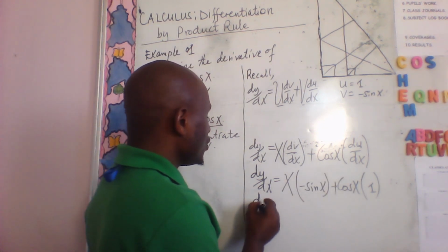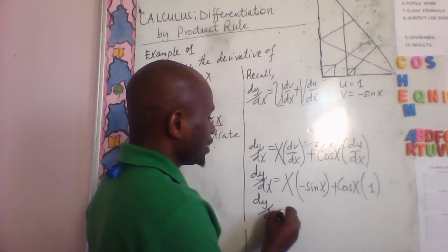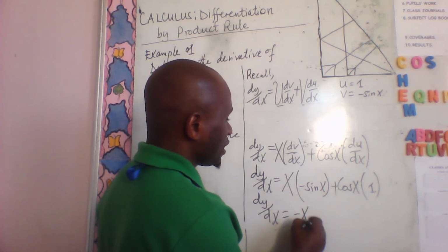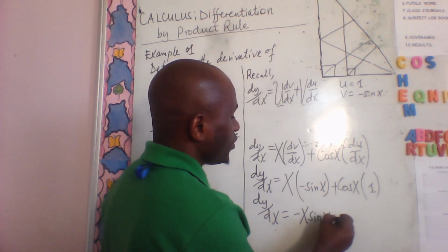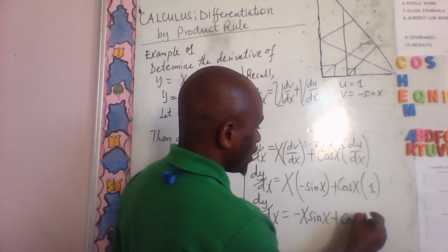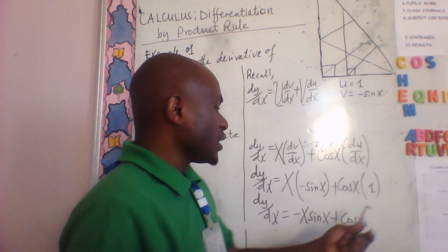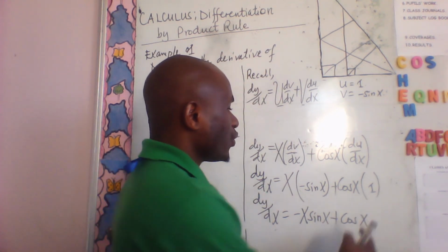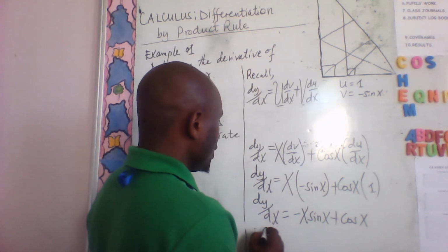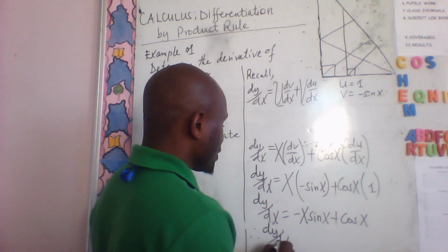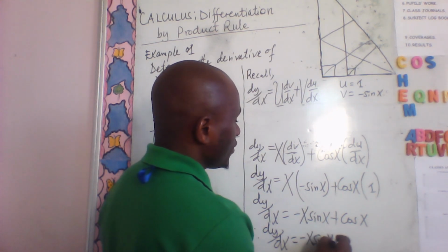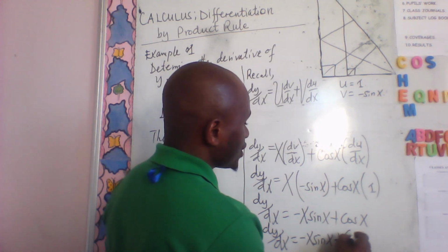So dy over dx is equal to negative x sine x plus cos x. Why plus cos x? This 1 times cos x is equal to cos x. So therefore dy over dx is equal to negative x sine x plus cos x.